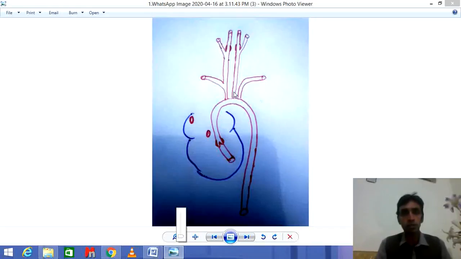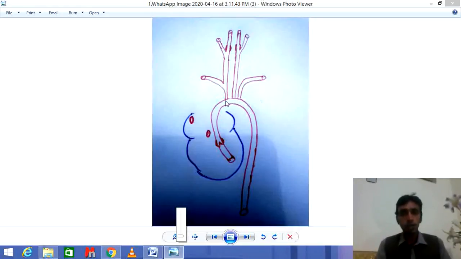This is the left common carotid artery, which also gives external and internal carotid arteries. And this one, which we have learned previously, is the left brachial artery, not brachiocephalic.